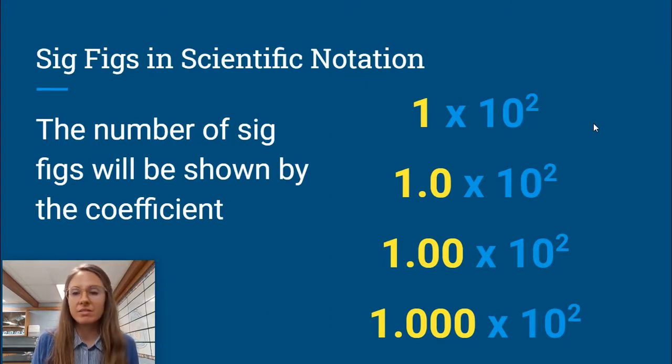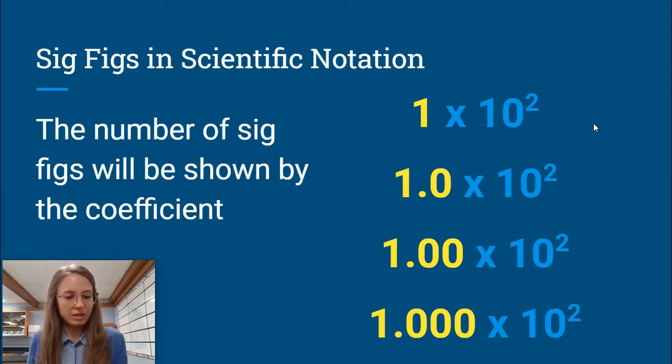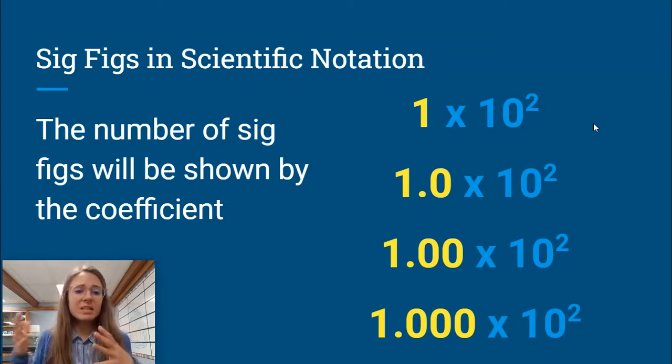Okay, if I have a measurement of 100 and it has 2 sig figs, there's no way to write that in standard form to have someone understand that there are 2 sig figs. If I write out 100, unless you state that there's 2 sig figs, no one's going to know that there are 2 sig figs.